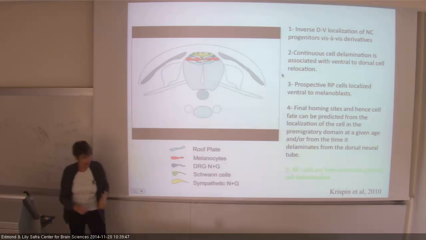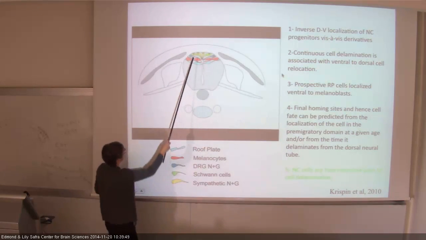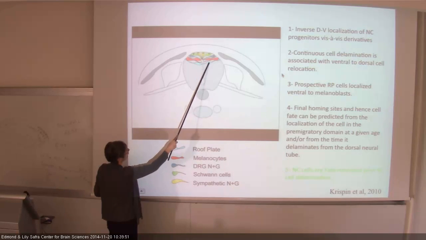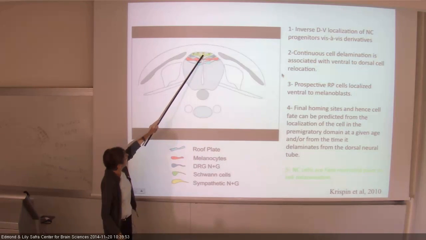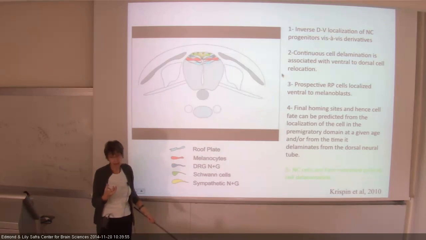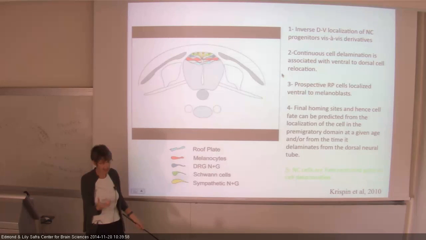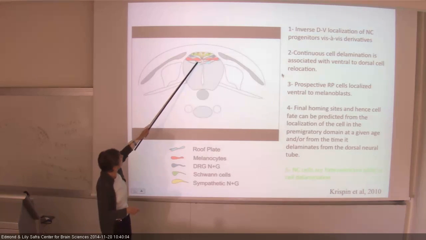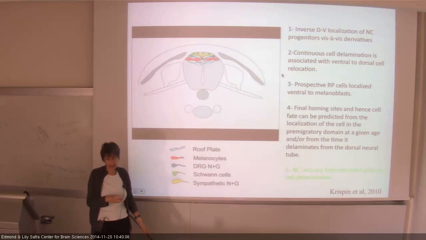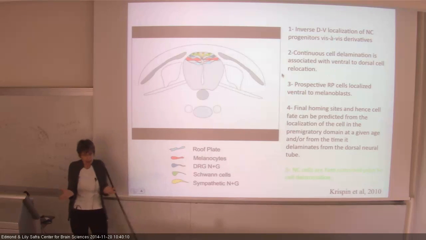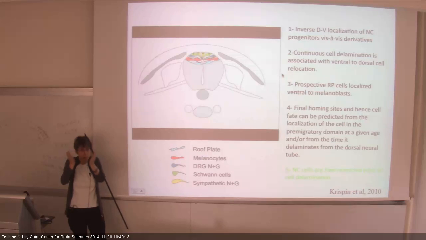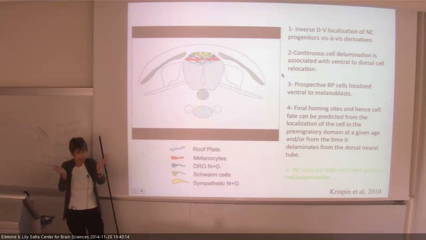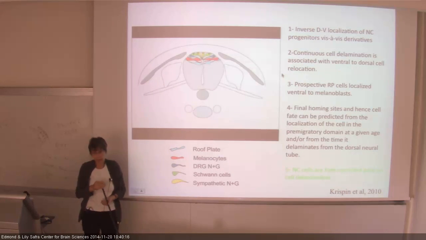You would argue that if there is a gradient of BMP, very high here and lower here, that the yellow cell would get exposed to the highest concentration of BMP, but for the shortest time, because it's the first cell to leave. And this cell here would be exposed to the lowest amount of BMP, but for the longest time, because this cell will still have to go up the gradient of BMP before leaving the dorsal tube.